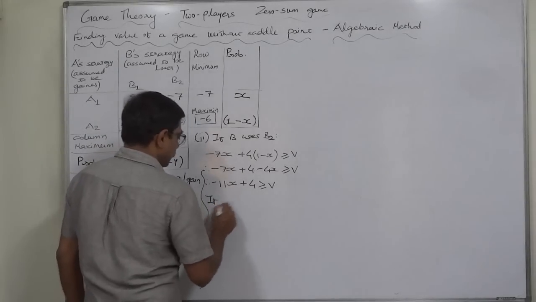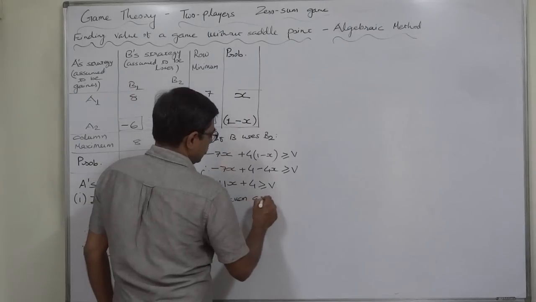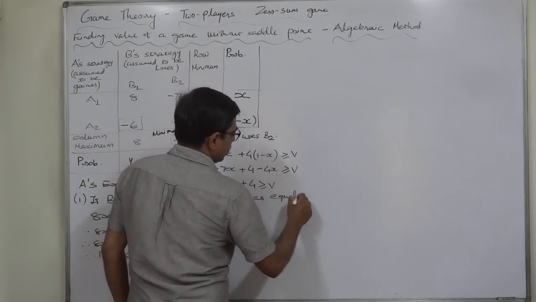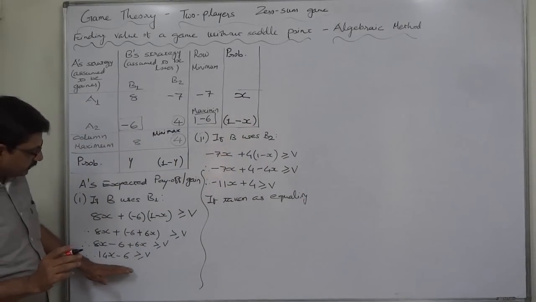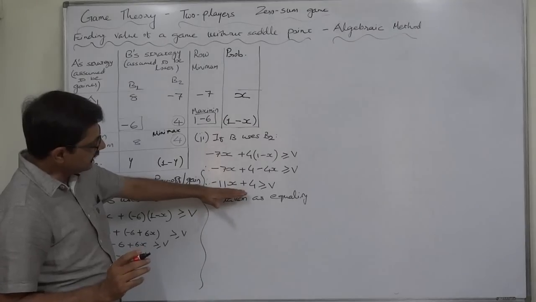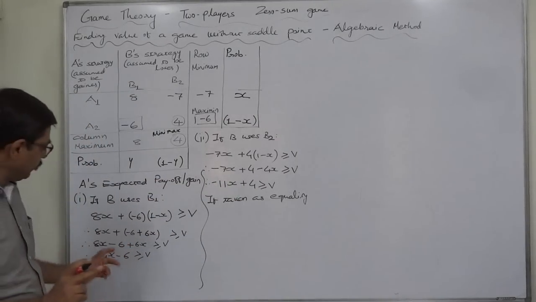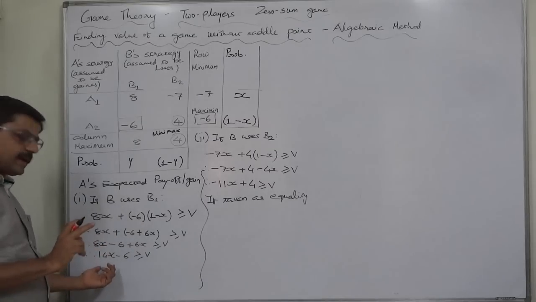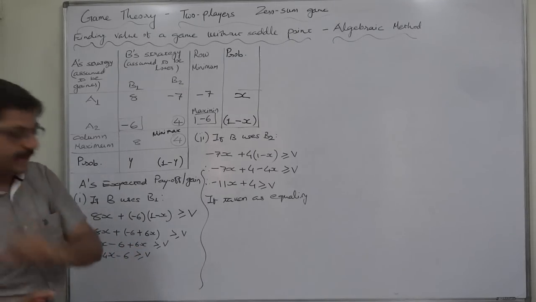If taken as equality, then it will be 14x minus 6 equals the value of the game, and minus 11x plus 4 equals the value of the game. So the left hand sides of both the equations are equal to the same value. So we can compare them.